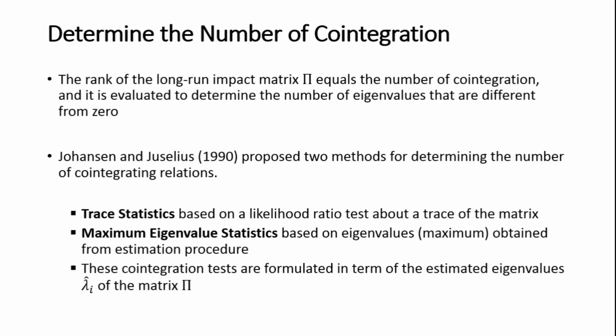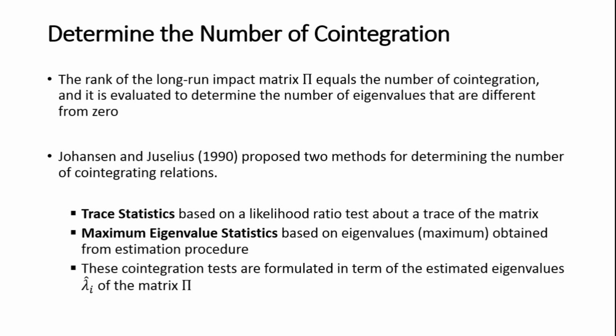But how to determine the number of cointegration relationships? The rank of the long-run impact matrix Π is equal to the number of cointegrations, and it is evaluated by determining the number of eigenvalues that are different from 0. Johansen and Juselius in 1990 proposed two methods to determine the number of cointegrating relations.